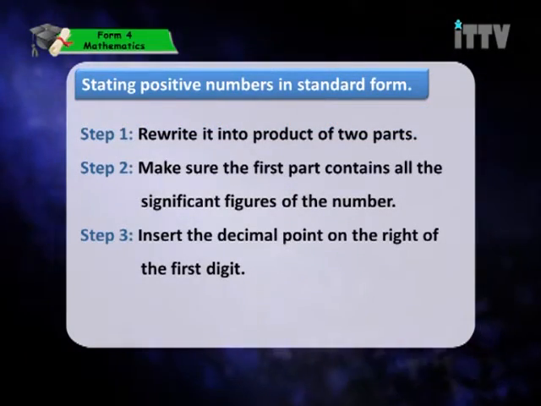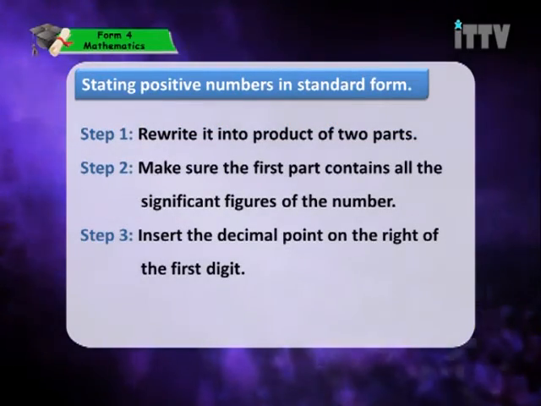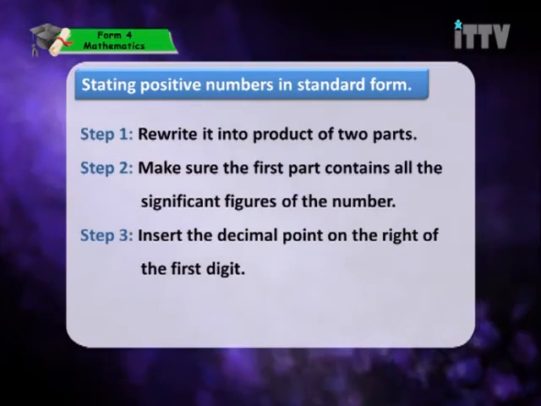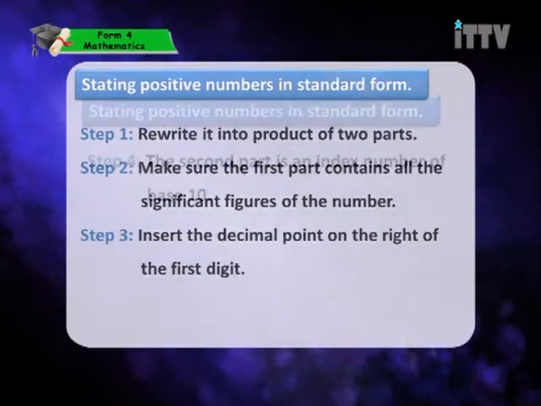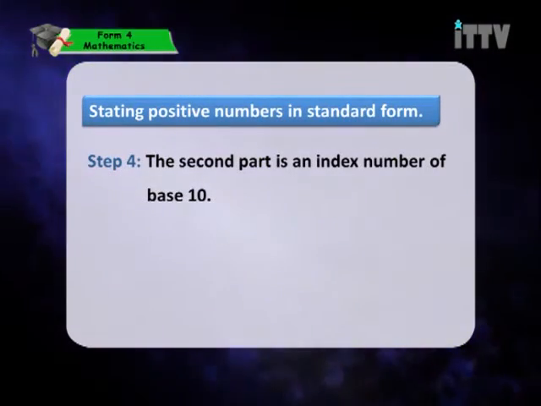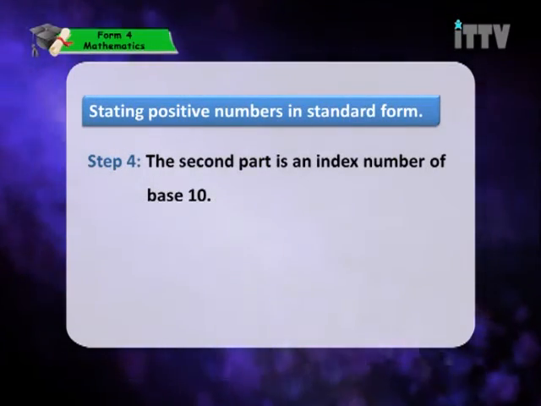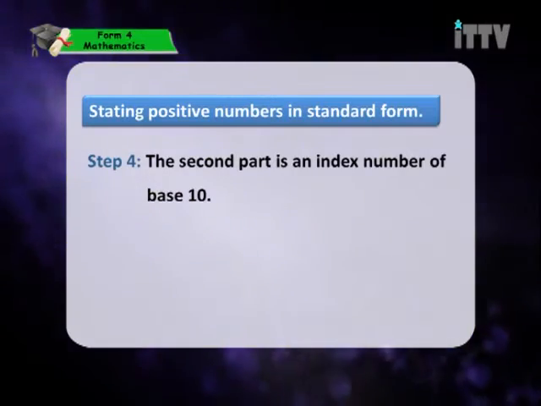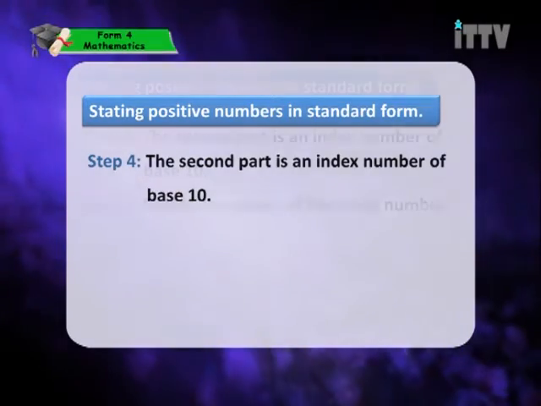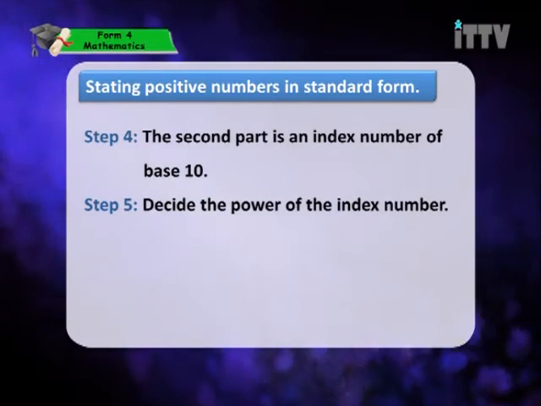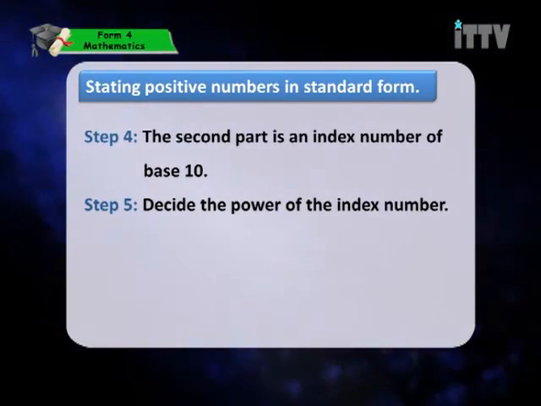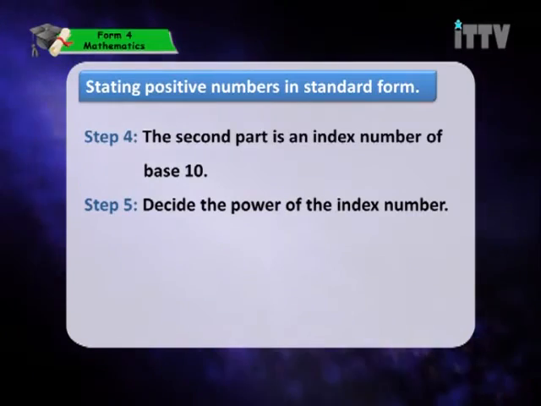In step 3, insert the decimal point on the right of the first digit. In step 4, the second part is an index number of base 10. And in step 5, decide the power of the index number.